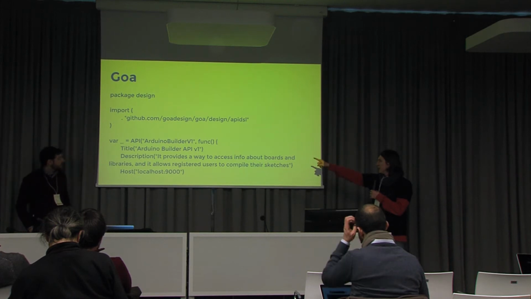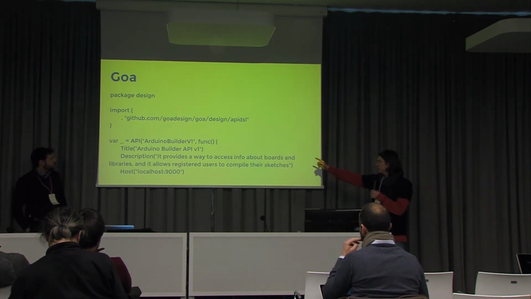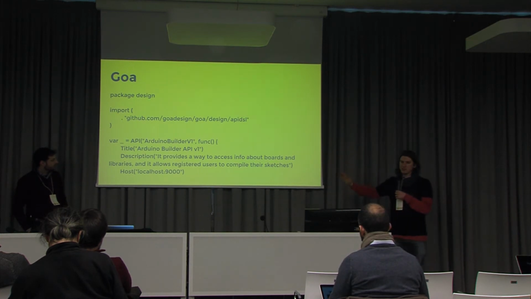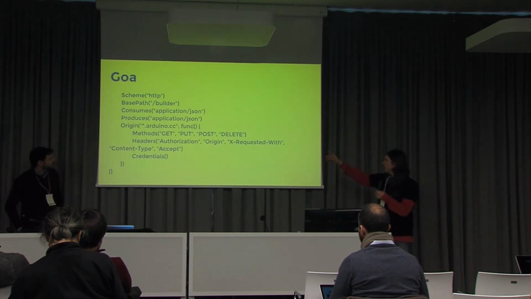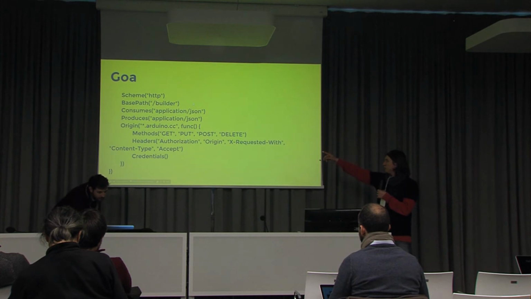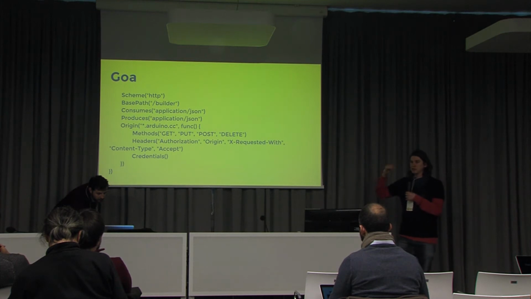We declare the name of the API, the title, the description, and this is just documentation. It will go in the documentation file. We tell it that we want to consume application/json, and so it will generate the helpers to decode and encode JSON.